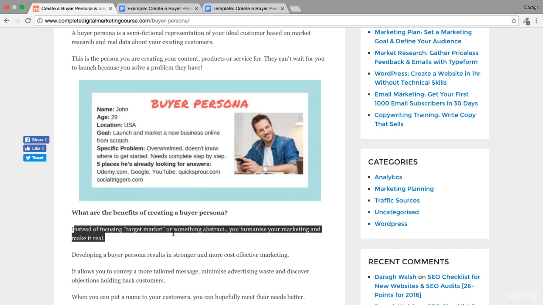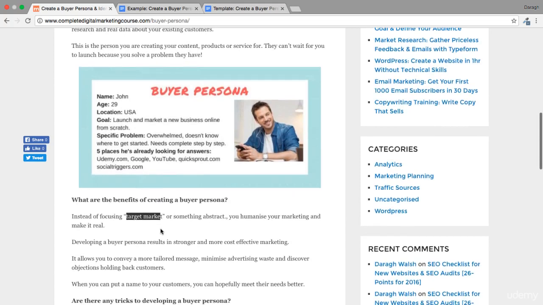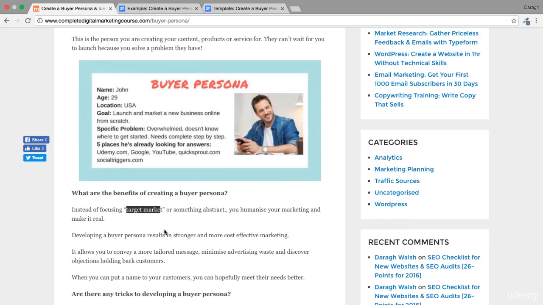Instead of focusing on target market or something like that, it's very hard to actually think about how I can help meet their needs if you're thinking in terms of target market. So the buyer persona is just an exercise to humanize things, to make it real for you, and as a result you can make better products and have stronger and more cost-effective marketing, because you've got that more tailored message.